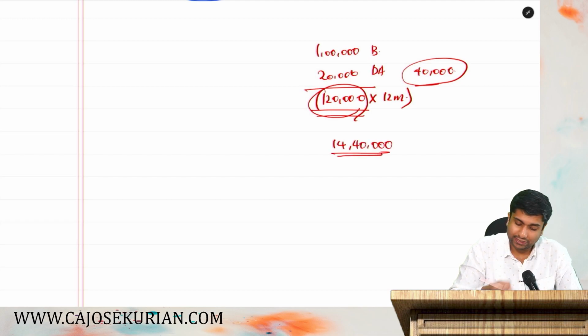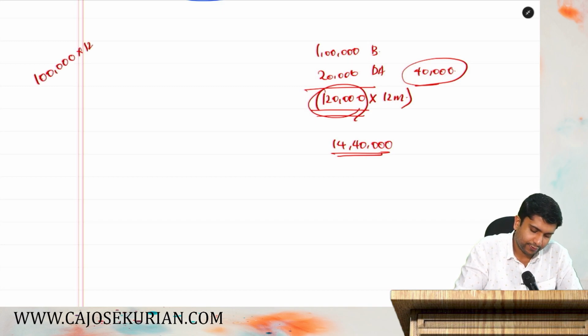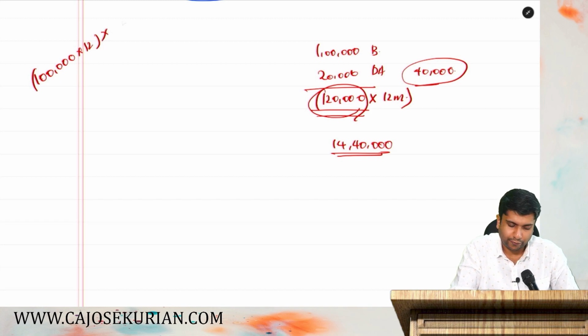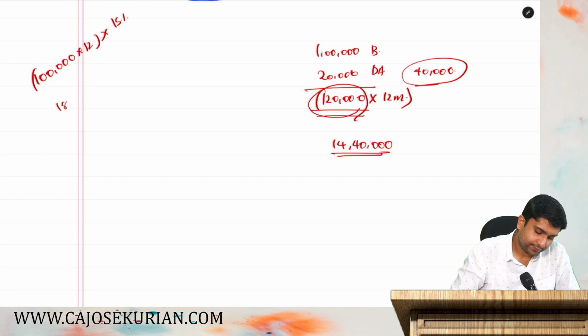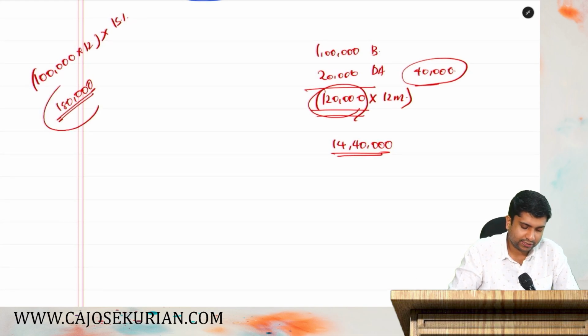Alright, now listen, how much is the actual contribution? That is 1 lakh into 12 into 15%. So, how much will that be? 12 lakh into 15%. How much is the actual contribution? 1,80,000. 1,80,000 is 15% on 1 lakh into 12. So, this is the actual contribution.